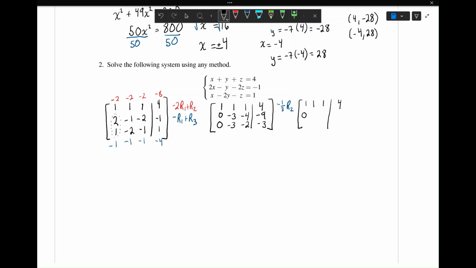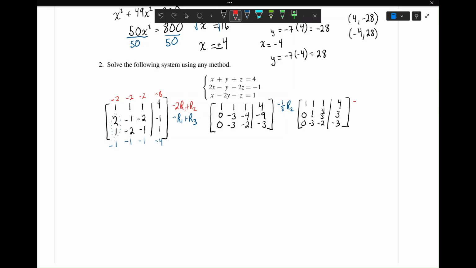So I have 0, 1, 4/3, and 3. Then 0, -3, -2, -3. And now I'm ready to zero out the second column.